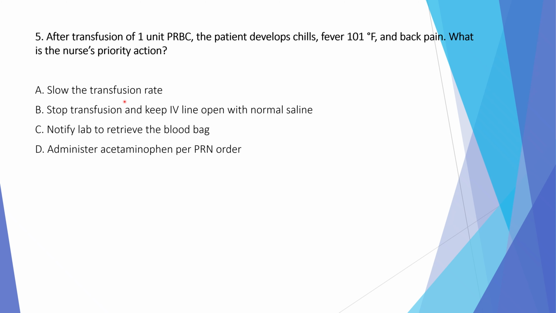Slow the transfusion rate, stop transfusion and keep IV line open with normal saline. Notify lab to retrieve the blood bag. Administer acetaminophen per PRN order.